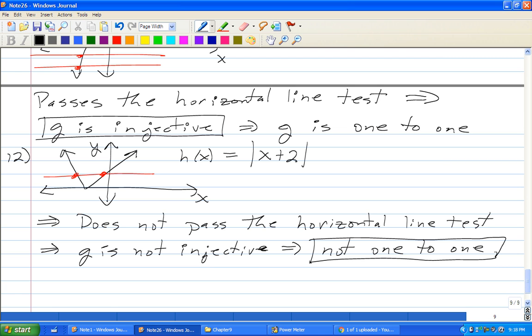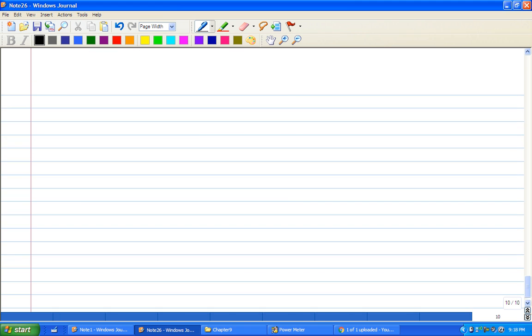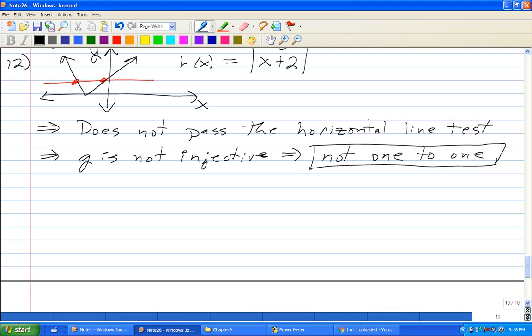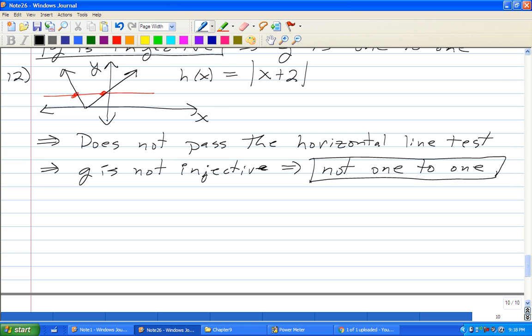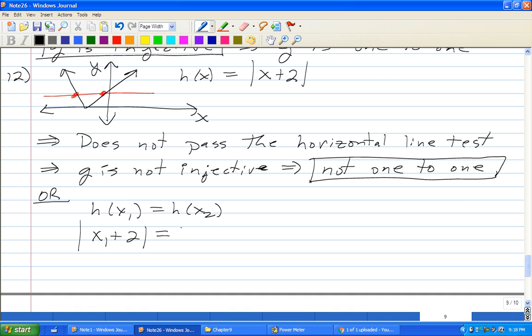And again, it may be instructive to actually show this algebraically to see what goes wrong. So suppose h of x1 is equal to h of x2. So the absolute value of x1 plus 2 is equal to the absolute value of x2 plus 2.